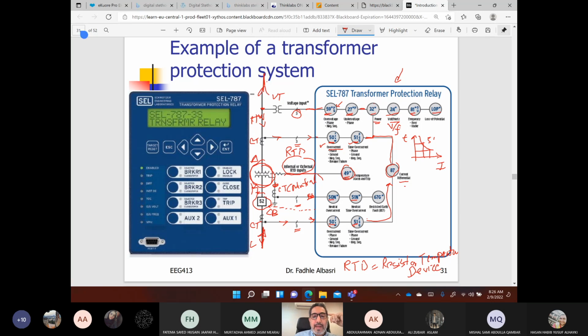But sometimes we might have two breakers at the two sides of the transformer, so we disconnect the transformer from the two sides, if it is a parallel transformer. For radial systems, most probably this is the HV side and this is the LV side.